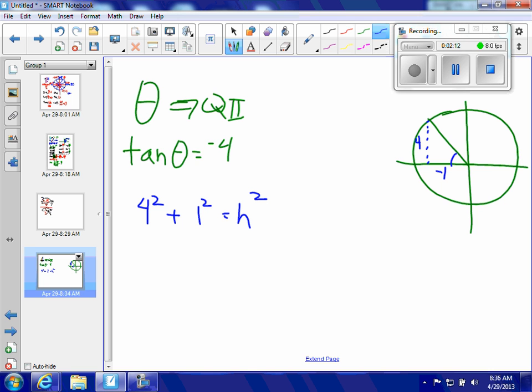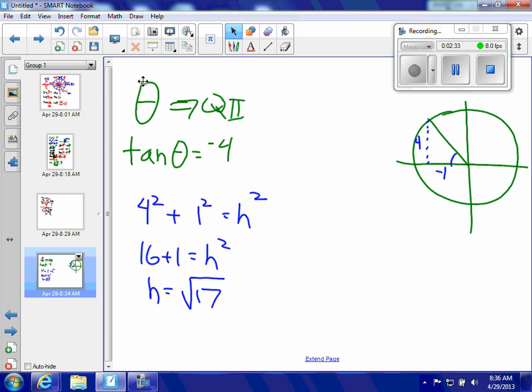So I have, what would this be? 16 plus 1 is equal to h squared. So h is equal to radical 17. And there's not going to be anything I can do to simplify radical 17. Good? Okay. So let's do our values. I now know this is radical 17.